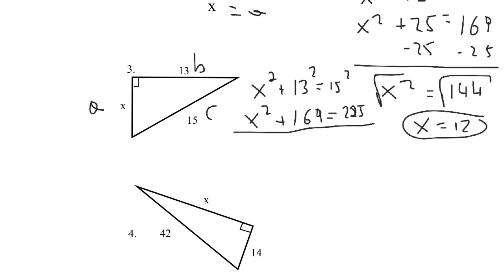Minus 169 from both sides, x squared is equal to 225 minus 169.